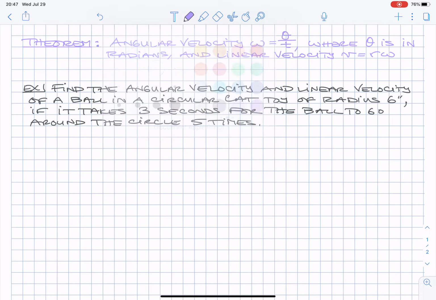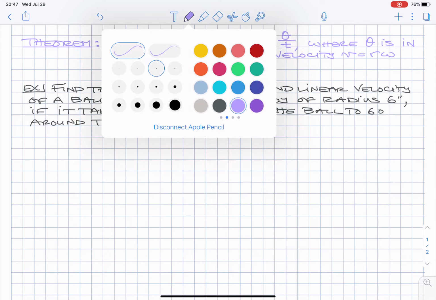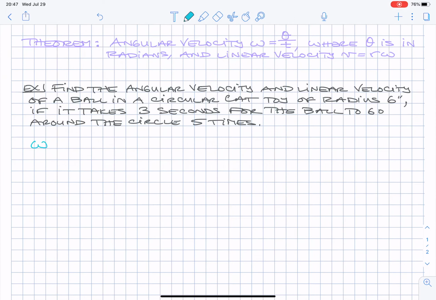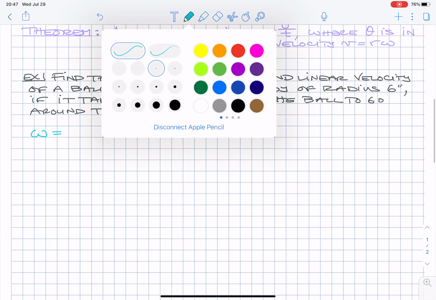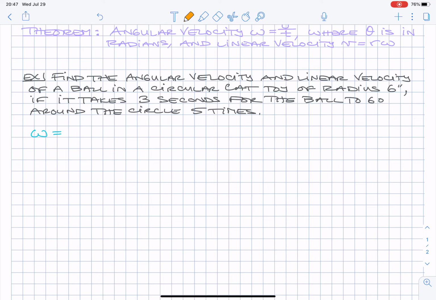Okay, so anyways, find the angular velocity. So we want to find omega. Actually, let me have omega be a different color. Let's have it be blue. So omega will be equal to theta, well, we've got around the circle 5 times, divided by time. Let's have time be in purple.